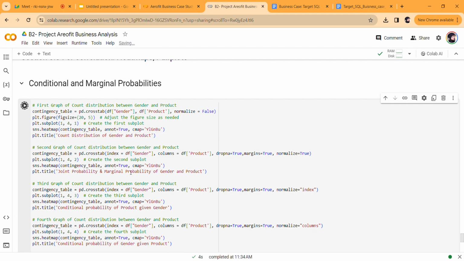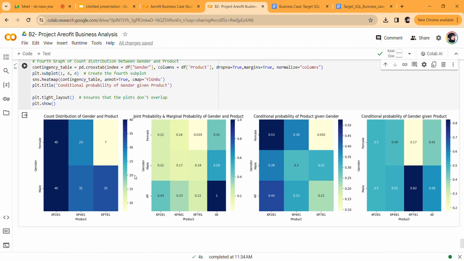The first table that I showed you in the Game of Thrones example, the same thing I have created here also. For a product like KP281, how many males and females are there? For KP481, how many males and females? And for KP781, how many males and females? This is a count table.